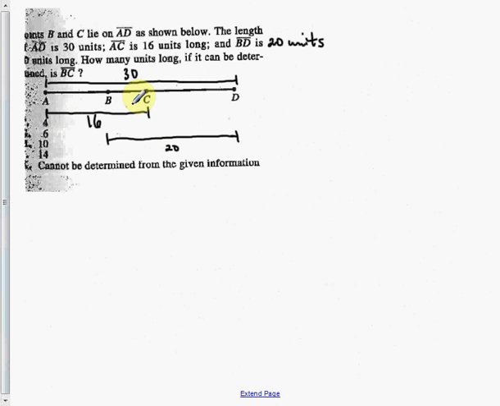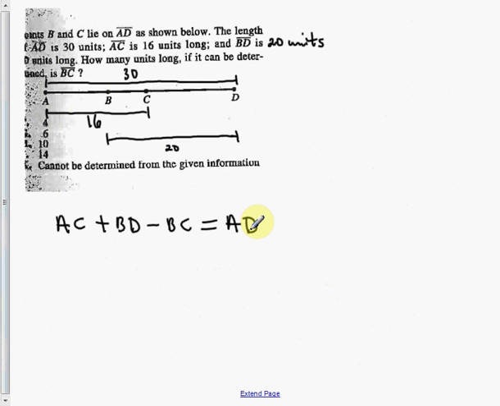Do you see that? Because I'm adding it twice, so I take one of them out. So what this looks like is AC plus BD, but in AC plus BD, you've added BC twice. Let's take out one BC. What do we have? Okay, that's equal to the total. The total is AD.